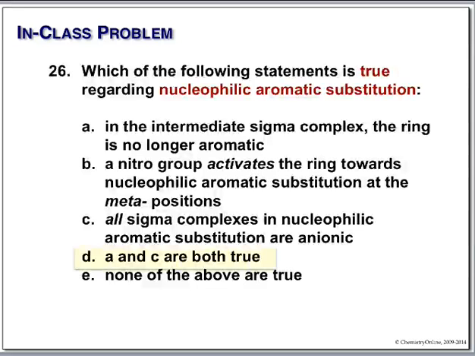Once again, we're going to go from all sp squared carbons to one being sp cubed, so we lose our aromaticity. Nitro group activates the ring towards substitution at the meta positions. No.